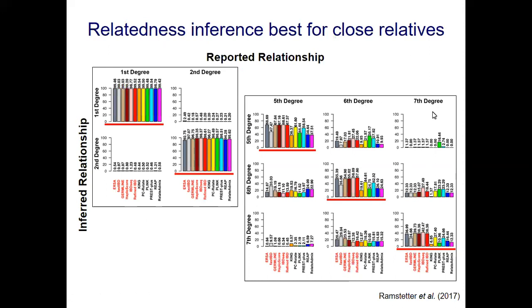If we look at these results, we can see that for seventh degree relationships, the most accurate methods have only about 40% of these true seventh degree relatives inferred as seventh degree.